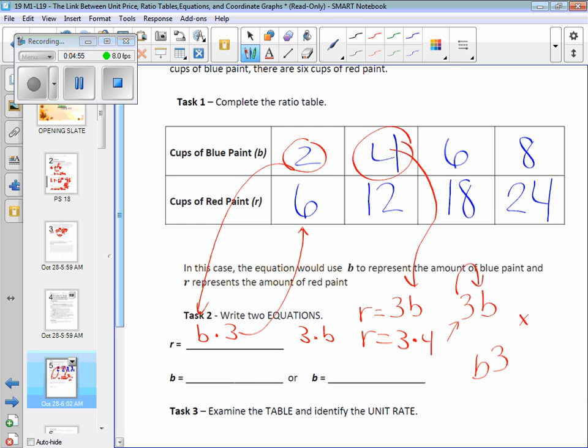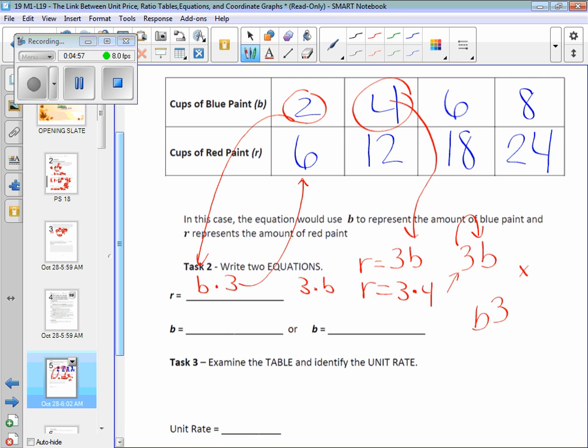Okay? What about the equation for b? Charles. Say it again. R. No. Let's do it as division first. R divided by something, divided by what?